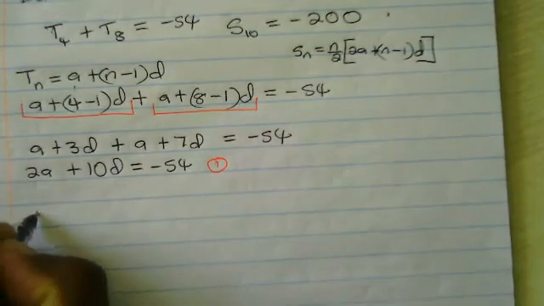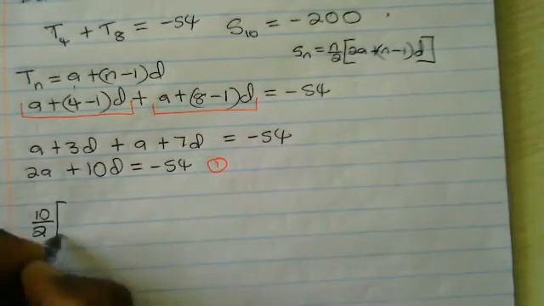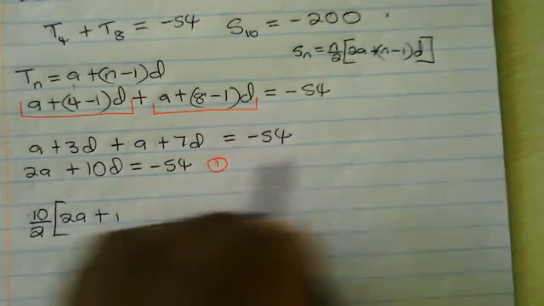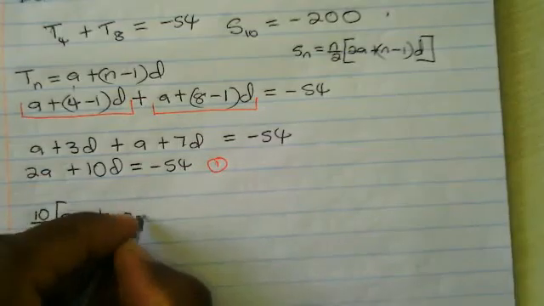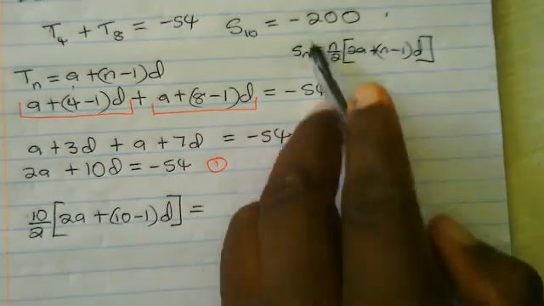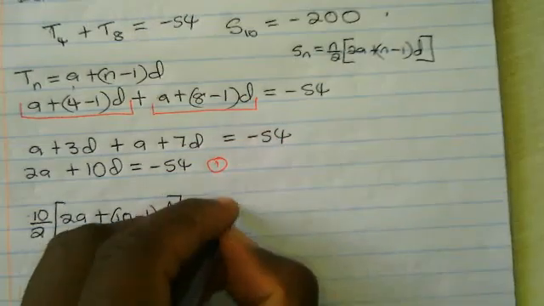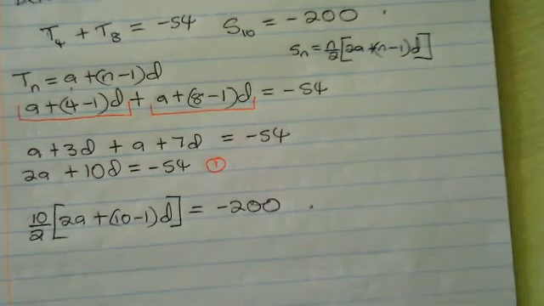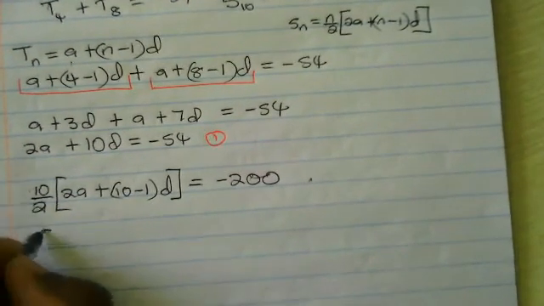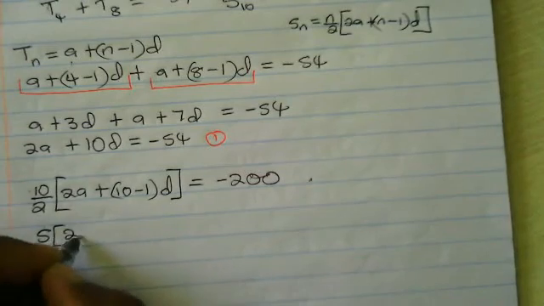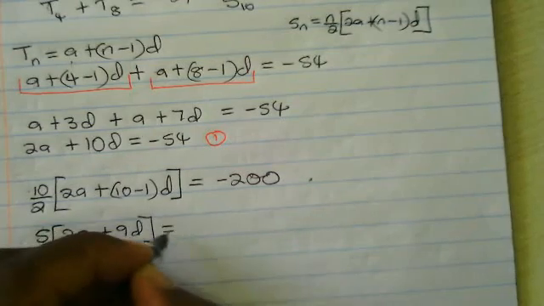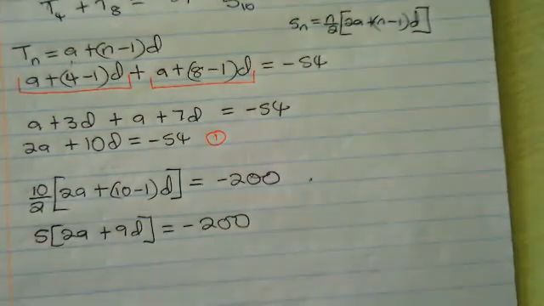So we are saying 10 over 2 bracket 2a plus, your n is 10, so it's (10 minus 1)d, and we are told that the sum is negative 200. Simplify this, we have 5 bracket 2a plus 9d, that's equal to negative 200.